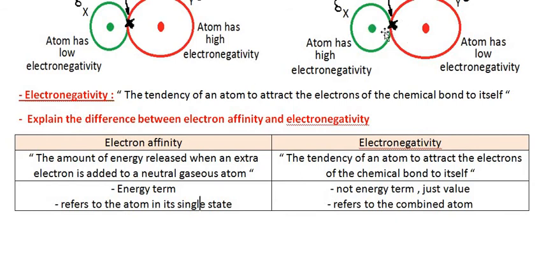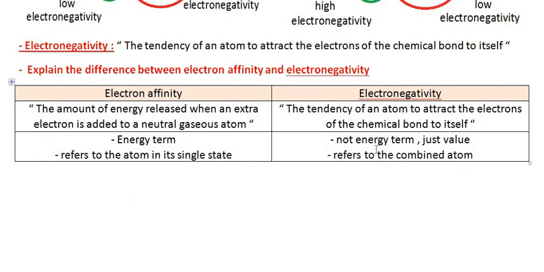It's a competition between the two atoms, but with electron affinity there is no competition, only one atom. Electronegativity is not an energy term, just a value which expresses this, and it has no unit. But electron affinity is an energy term, it has a unit, joule, kilojoule, and so on. Electronegativity refers to the combined atom, but electron affinity to the single atom.